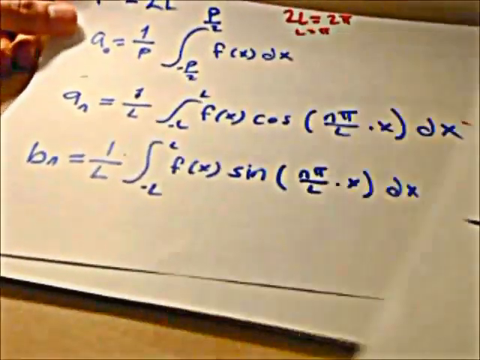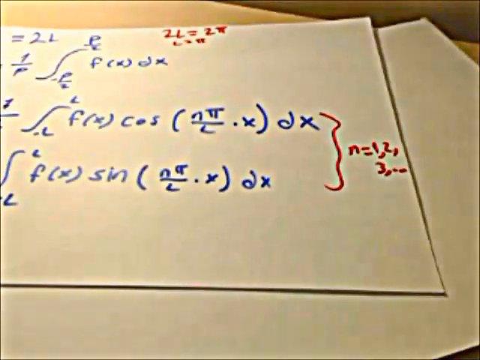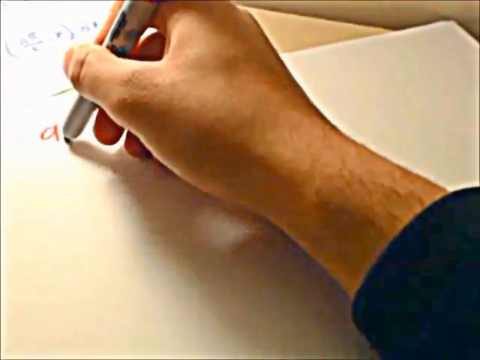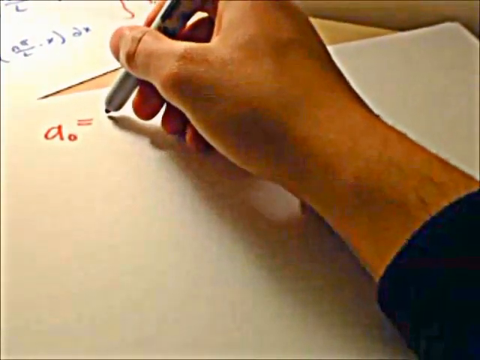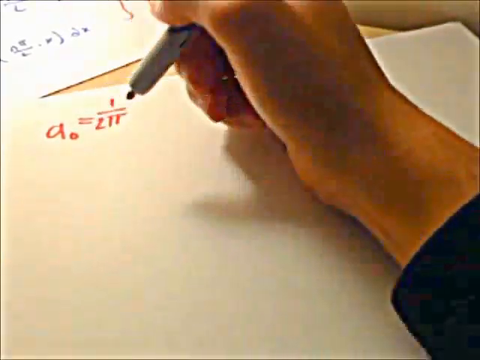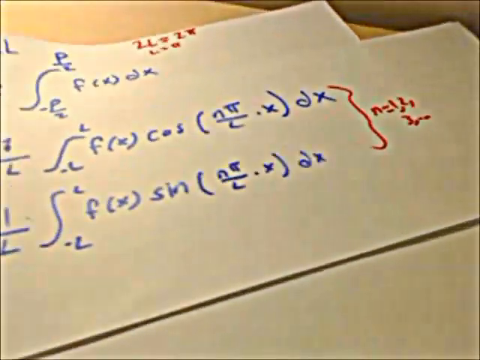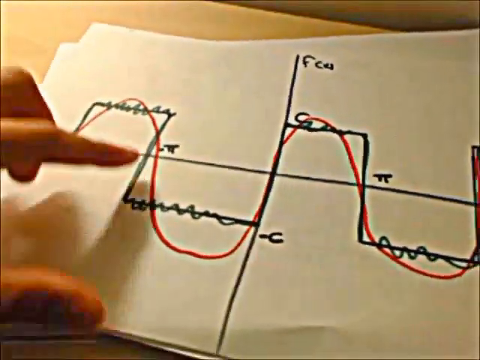The formula of a0 is 1 over the period. So in this case, our a0 is 1 over the period, right? The period here is 2 pi, because it's from minus pi to 0, and then from 0 to pi.